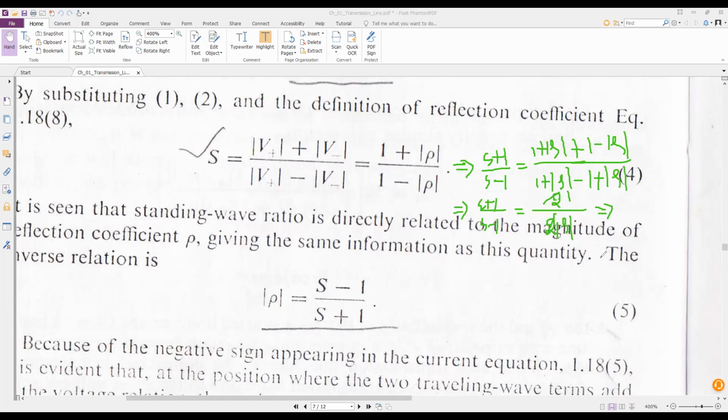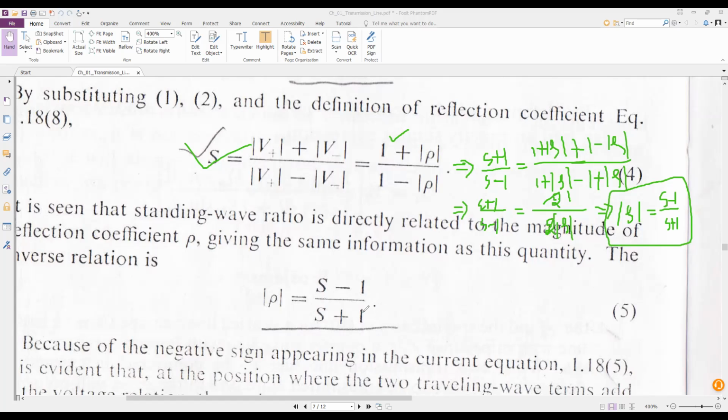That would be 1 by rho. So rho would be S minus 1 divided by S plus 1. That is the derivation of this. So rho is equal to S minus 1 divided by S plus 1. It comes from here.